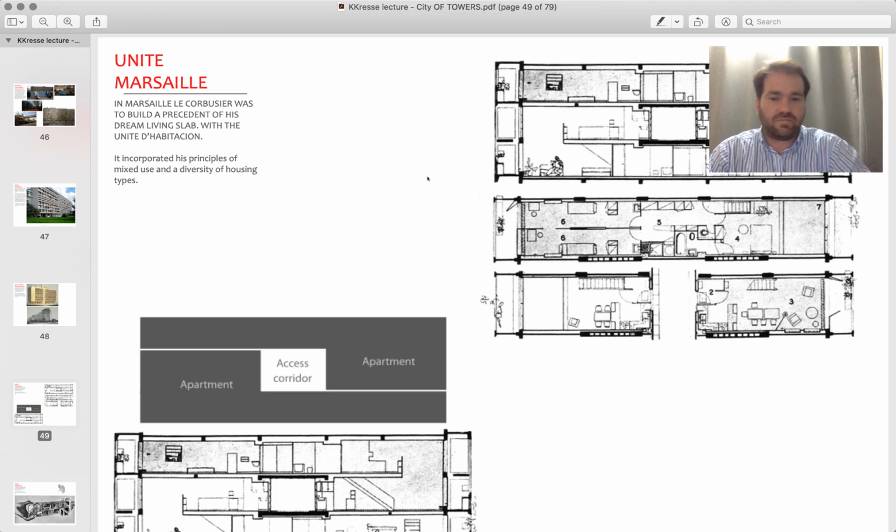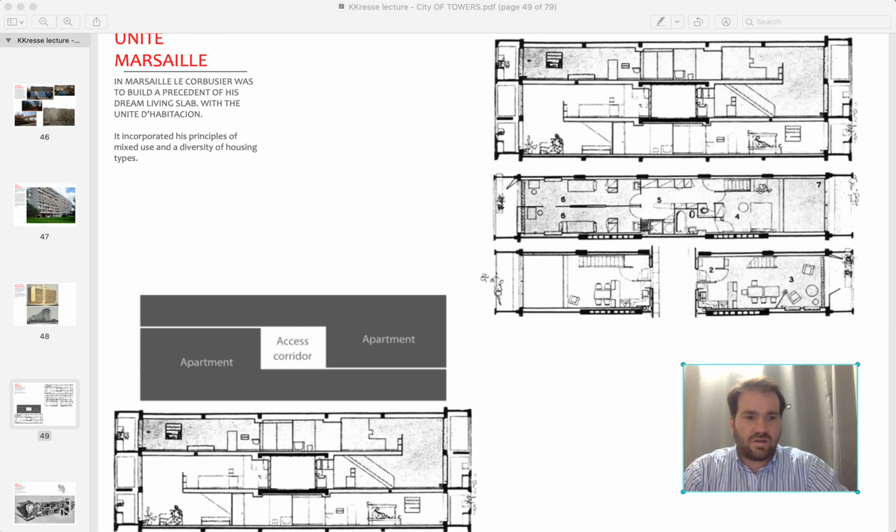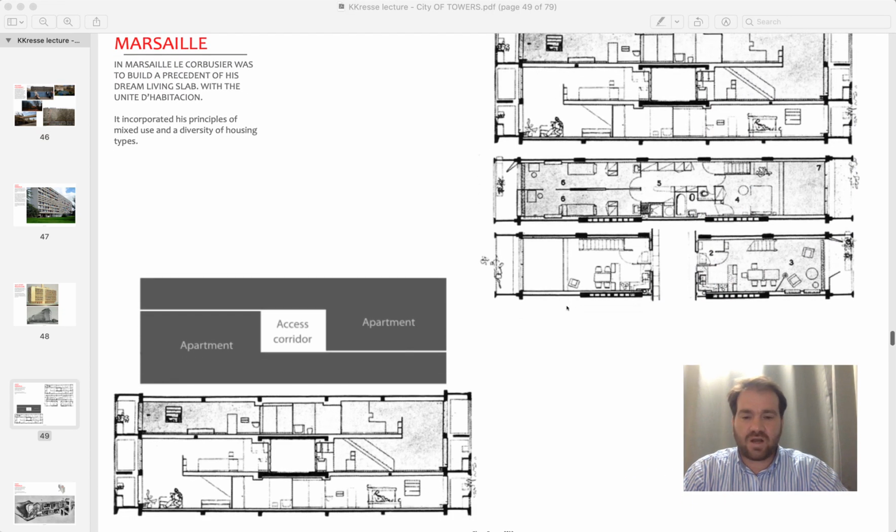So if we take a better look at the Unité in Marseille, then you also see that it's kind of diverse housing, and it's quite generous. This is a rough section diagram. You see that there's a corridor in the center and then two apartments shaping around like two hands. So you get quite an interesting spatial configuration, different from most apartments today.